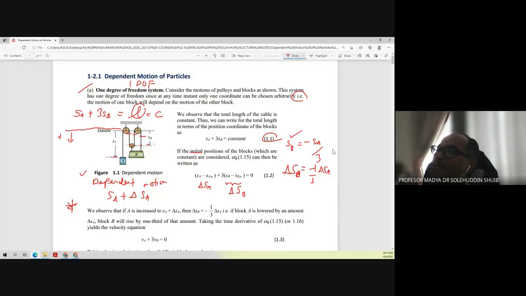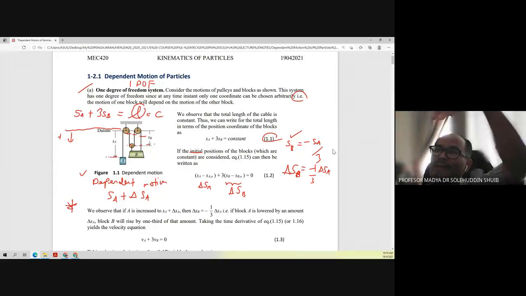If block A is lowered by any amount delta SA, block B will rise. For a negative sign, one goes down and one goes up.